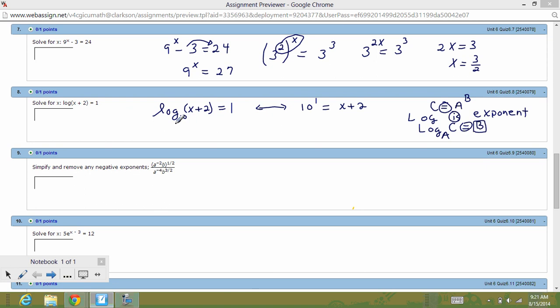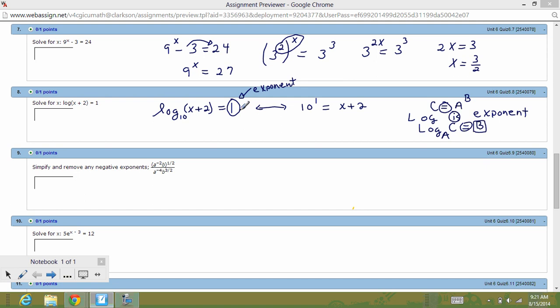Now if we take that back to this exercise 8, log is exponent. They're saying that 1, that's an exponent. And the base, of course, is understood to be a 10. When it's a base 10, nobody writes it. And so this means 10 to some power is x plus 2.